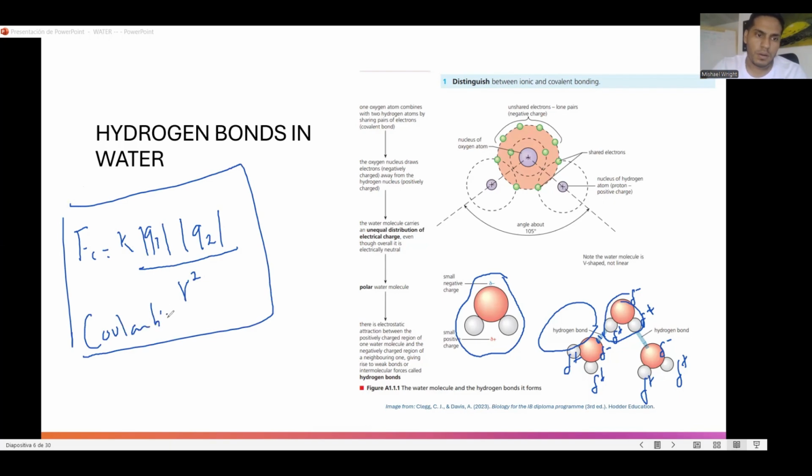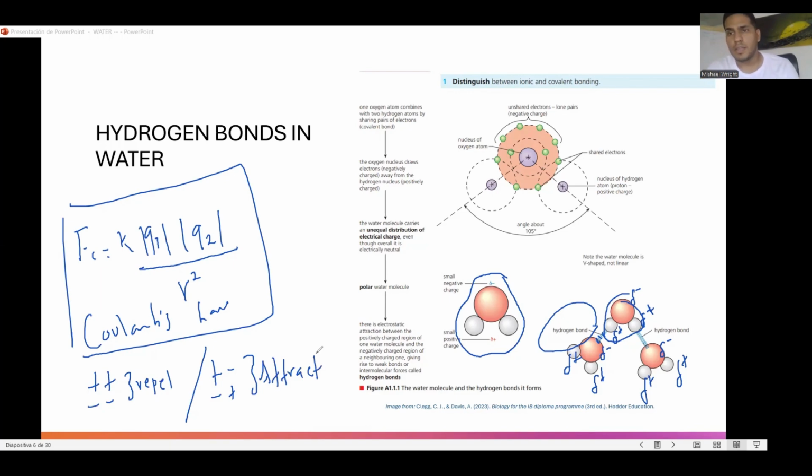And Coulomb's law states that similar charges repel, so we have a repulsion process here, while opposite charges are going to attract, okay? And that's what's taking place in this case. So the water molecule in the hydrogen bonds forms is stated here.